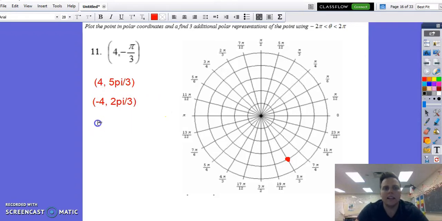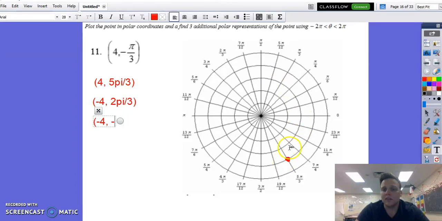So now I need another negative 4, but this time I need it with a negative angle. So negative 4, negative angle. So I come out here to 4. 1, 2, 3, 4. Now I need to go negatively, which would be clockwise around the circle. So let's count that. 1, 2, 3, 4, 5, 6, 7, 8, 9, 10, 11, 12, 13, 14, 15, 16.